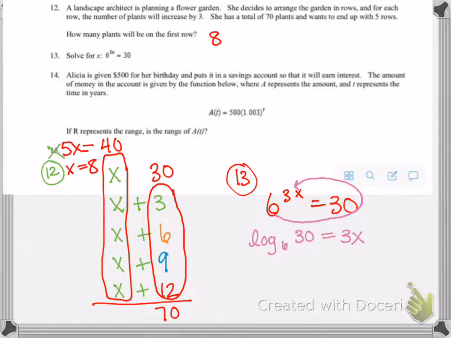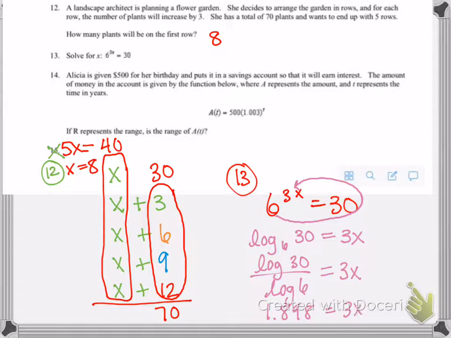Remember, you can put this into your calculator as the log of 30 divided by the log of 6. That's called the change of base rule. So you can put that right in your calculator, and you get 3x equals that. Log of 30 divided by log of 6 is approximately 1.898.